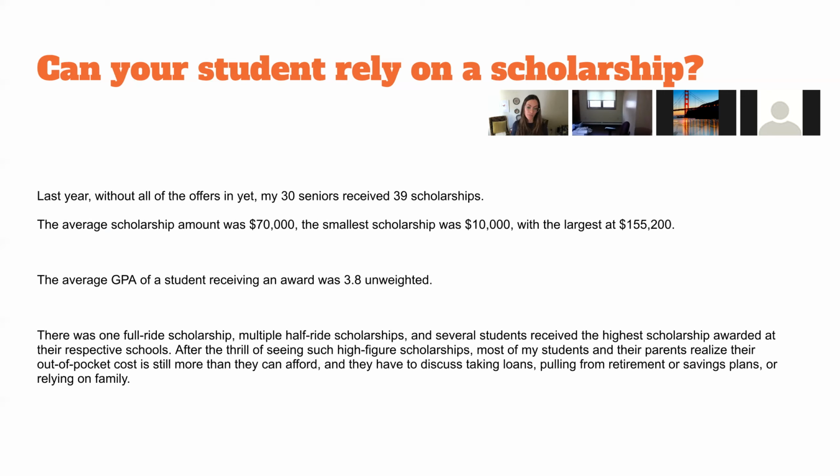After the thrill of seeing all these scholarships come in, many families do still say this is more than what we could afford. That's why we want to make sure you've got options come spring. This is why I keep emphasizing having a range of schools, a range of cost, a range of selectivity, so that you've got options come spring.